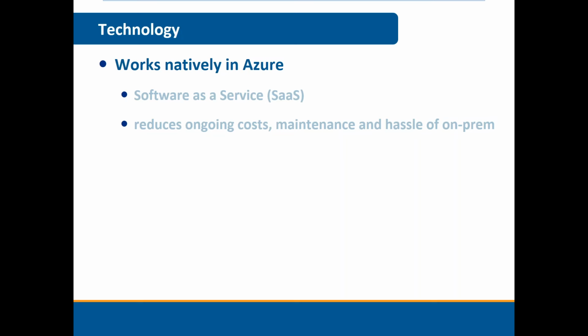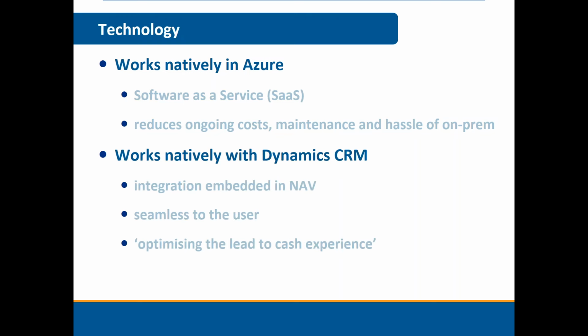So first version we've been able to do that with, and of course this should reduce ongoing costs, because it means you're not looking at hardware actually on your premises that you need to maintain and potentially upgrade. It means you don't have to worry about things like backups, and it means that you only utilize resources when you actually need them. So it does take the hassle out of the on-premise solution, but it's not for everybody. But this is the first version we've been able to offer this.